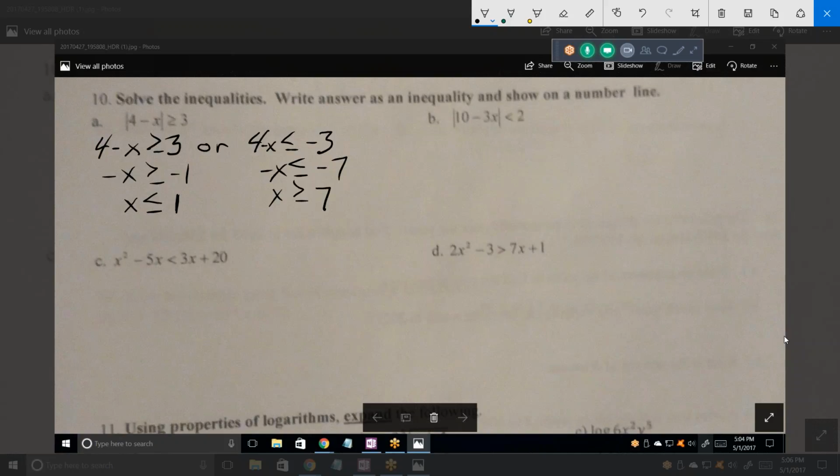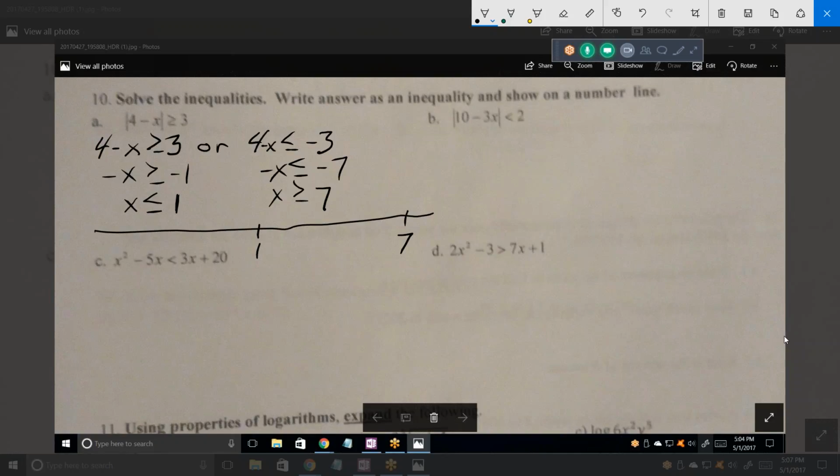And it says show it on a number line. Well, if I draw a number line and I put my key points, 1 and 7, I don't really need to put any other points on that number line. I don't need 0. My 1 and my 7 identify where I'm at on the number line. So what goes on the 1?